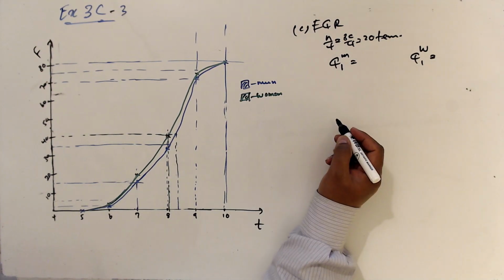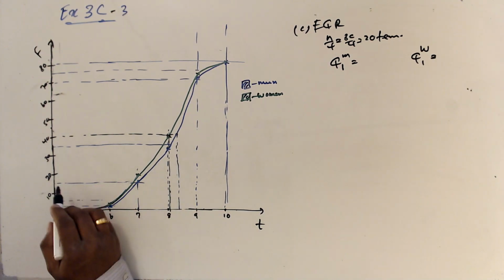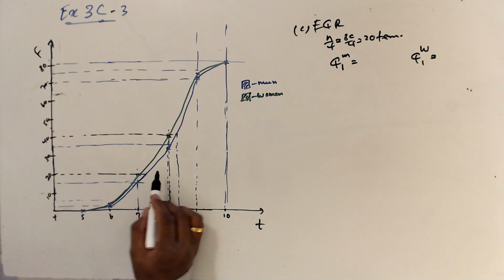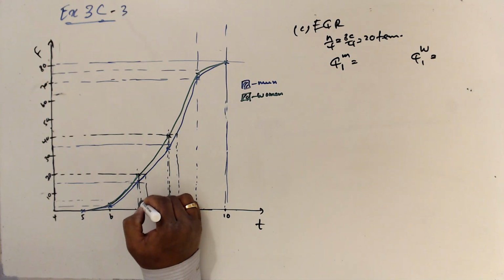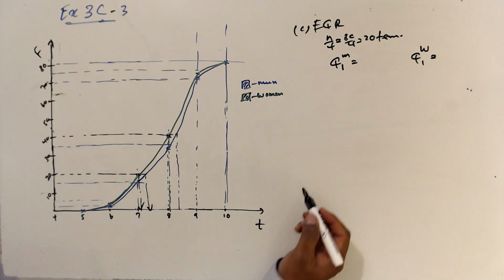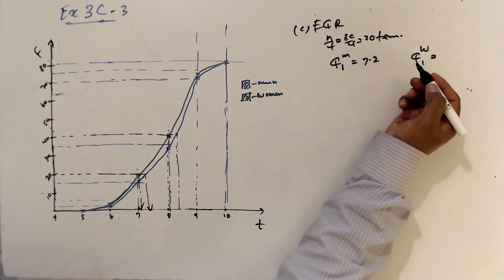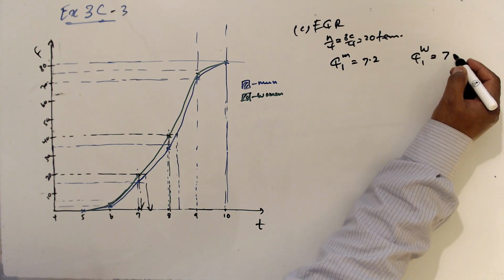So the 20th term is here. So Q1 is going to be 7.2 and Q1 for women is going to be 7.1.